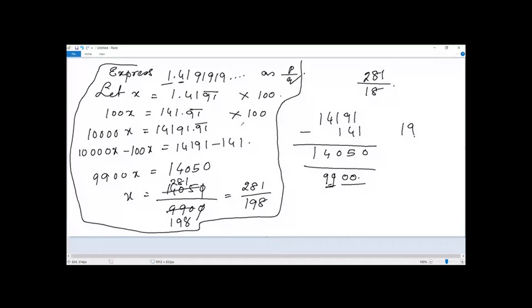Yes, ma'am. 9 is repeated, and then two non-repeated, so 9 9 you should write. But it is confusing sometimes. Maybe it is a Vedic maths method. Yes, ma'am. Good.